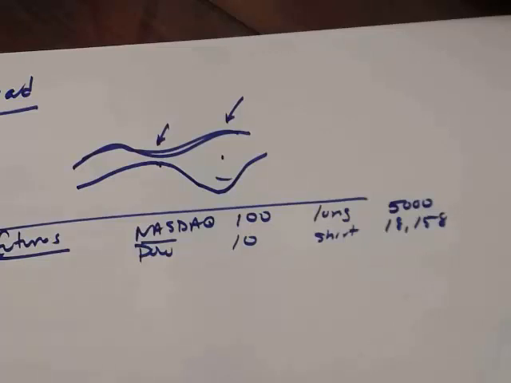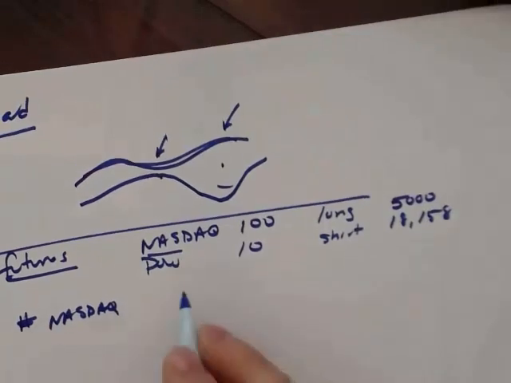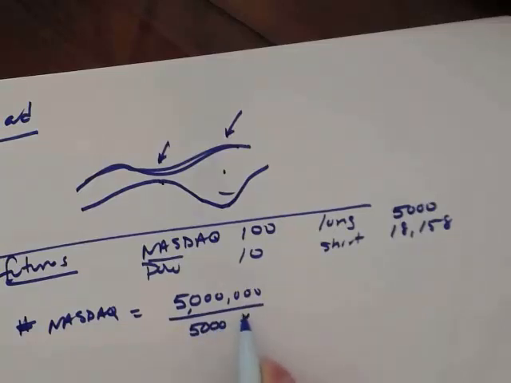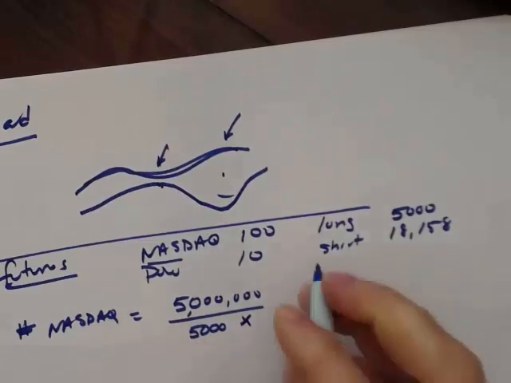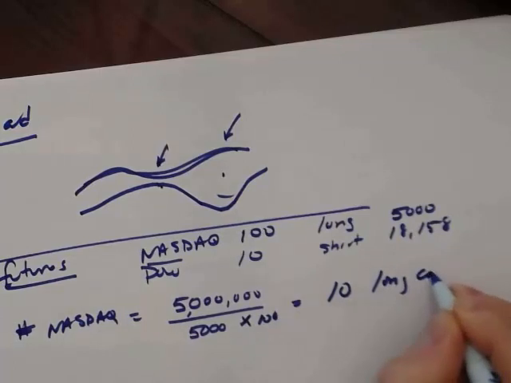So you have a position that's $5 million long and $5 million short. The number of NASDAQ contracts we need to go long: we need a $5 million position, the futures price is 5,000, and the contract size is 100, so we're going to need 10 long contracts.